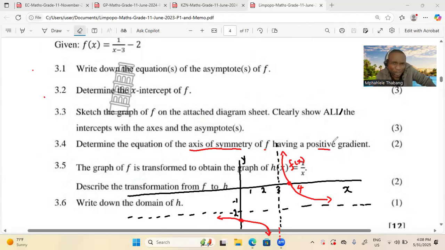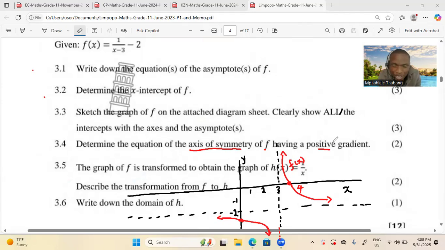The axis of symmetry of a function is actually the hyperbola function. The hyperbola function has got two axes of symmetry. So they want you to find the axis of symmetry of f. Don't forget that f is a hyperbola function. So you have to find the axis of symmetry of f that has a positive gradient.